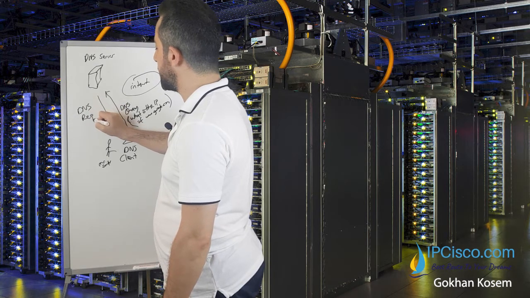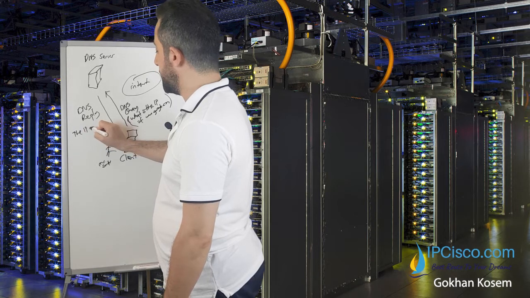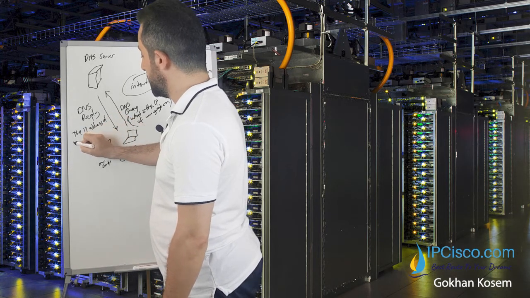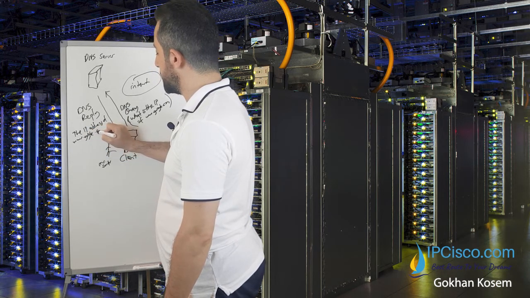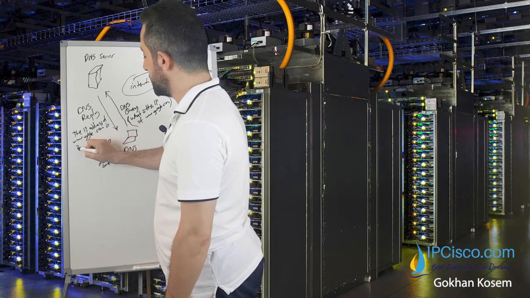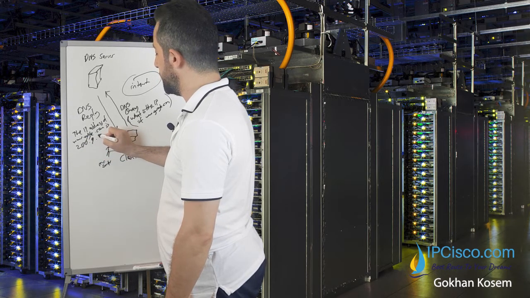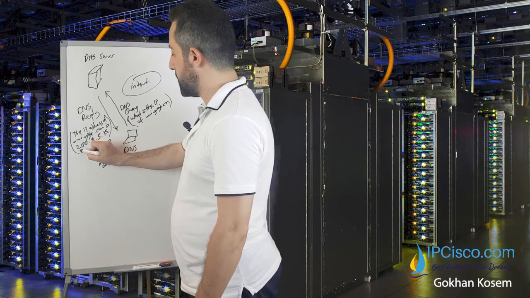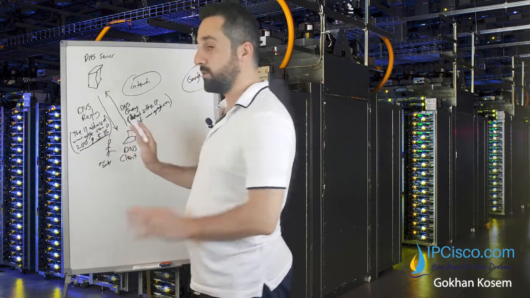DNS reply: the IP address of www.google.com is 209.550. And now Mr. Surfer has this IP address, but he doesn't know.